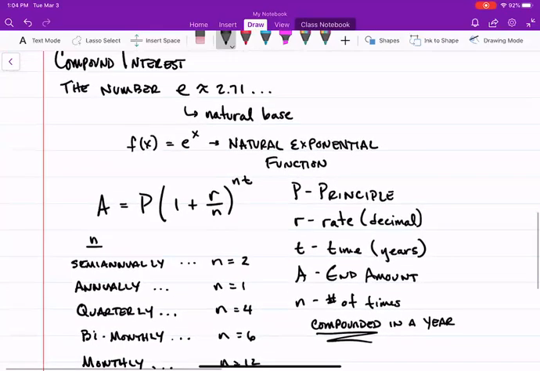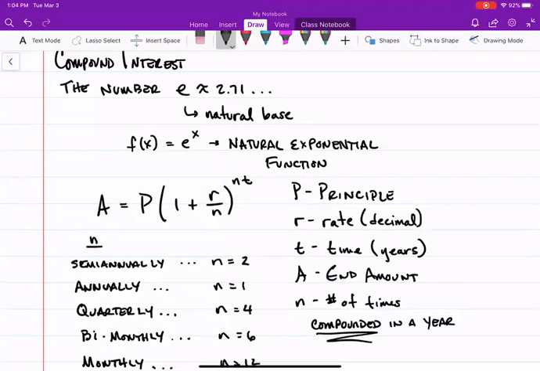So this is basically compound interest that's compounded annually, semi-annually, bi-monthly, monthly, right? There's a term that is telling you how often it's compounded, so you know how many times it's compounded in a year.